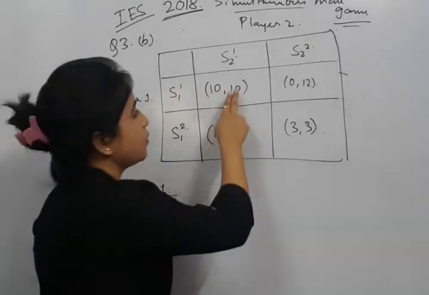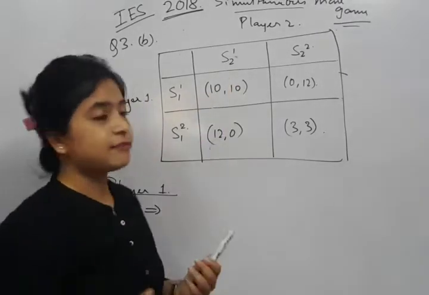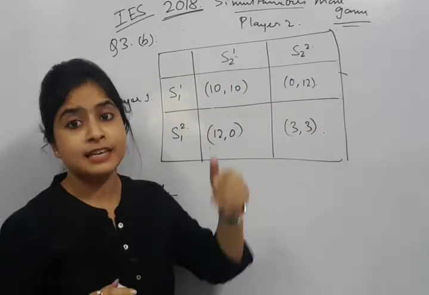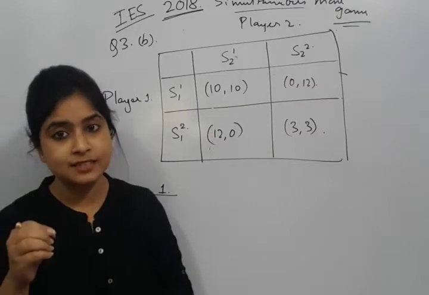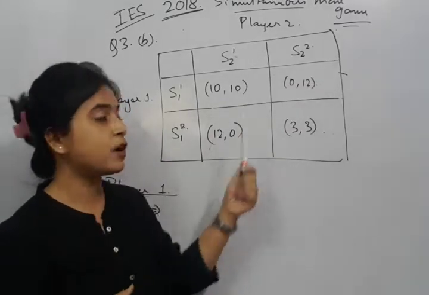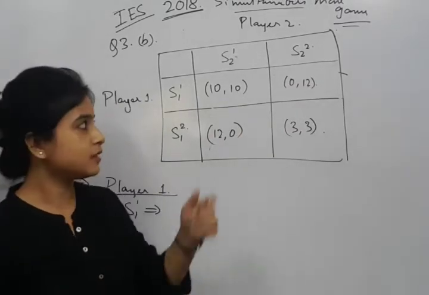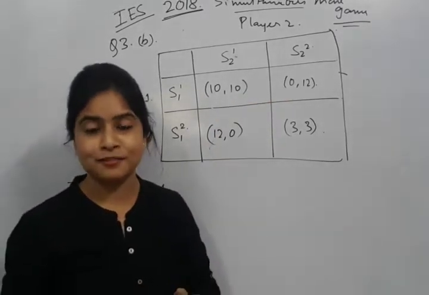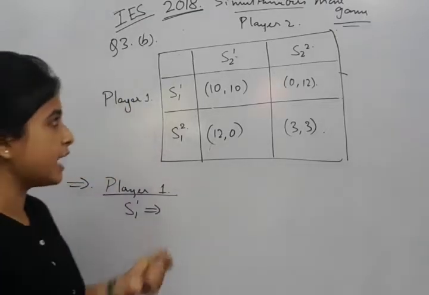Now see, we have to think in this way, whether 10 is more or 12. Here they have not given us a negative sign, so these payoffs are all positive. So it's very easy to decide that 12 is higher.